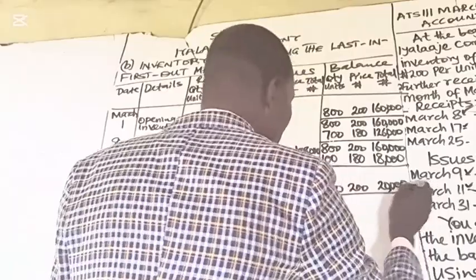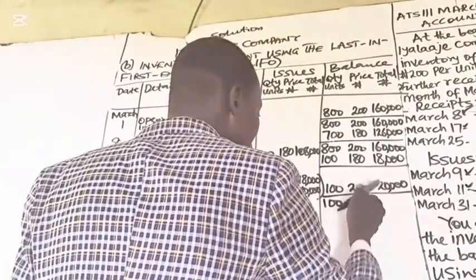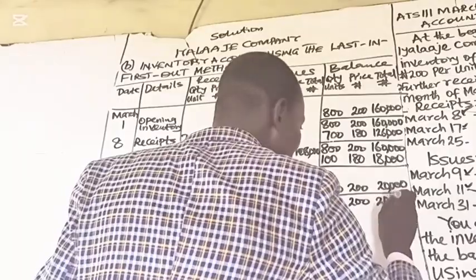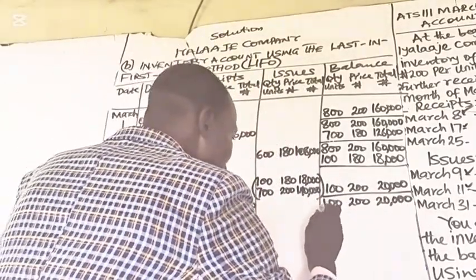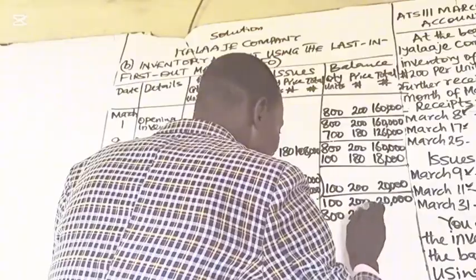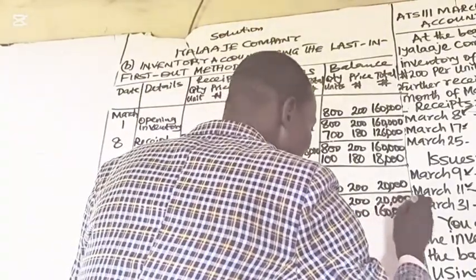Then the balance column. Remember, you had 100 units in the inventory before. Then at the price of 200, that amounted to 20,000. Then you receive additional 800 units at the price of 200. That amounted to 160,000.